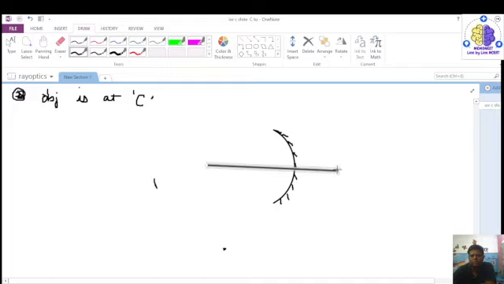Let this be the principal axis, and the center of curvature would be somewhere here, and let this be the focus. Now the object is at the center of curvature. So this is the object, right?